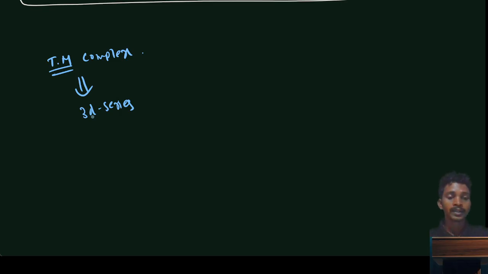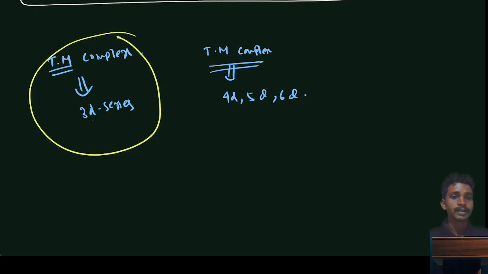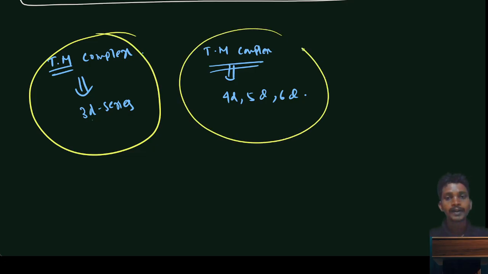So this is the 3D series, then we have transition metal complexes of the 4D series, and the 5D, 6D series.